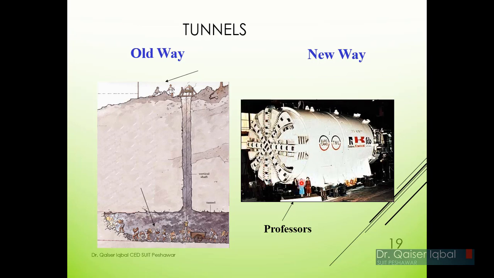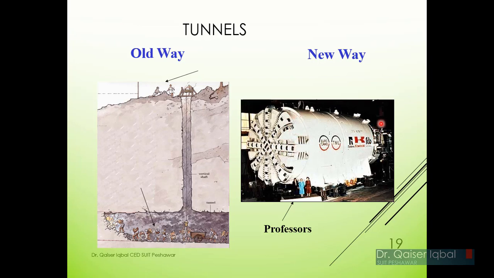You can see the size of the machine compared to the professors standing over here. They just make an access shaft, put the machine over here, and the machine then starts digging through these teeth which you can see, and the material which it digs, it sends to the back.